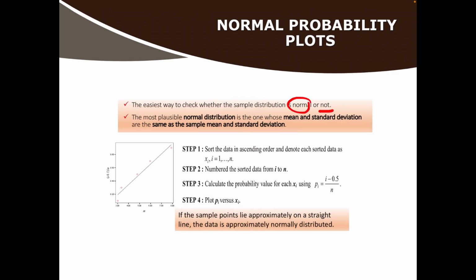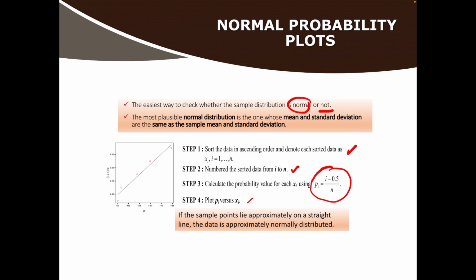You will have an x-axis and a y-axis. Step 1, sort your data in ascending order. Step 2, number your data. Step 3, calculate the probability using this formula. Step 4, plot Pi versus Xi, where Pi is the probability and Xi is the data.